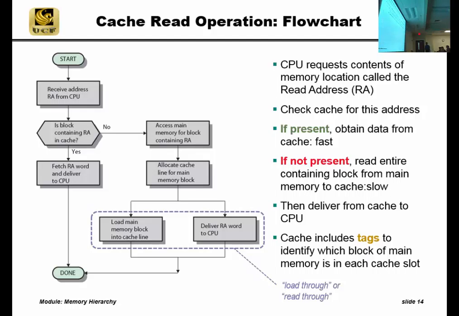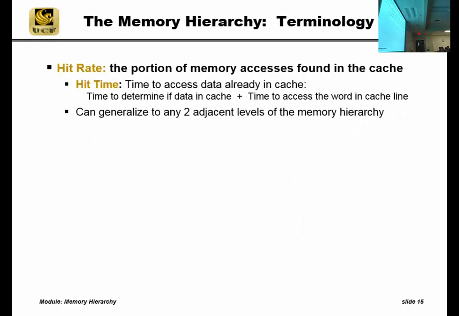Some more terminology. We talked about hit and miss. So let's define those more formally, then we do calculation. The hit rate is the portion of memory accesses that are found in the cache. What percentage of the time you go to the store is your cache lean there? Well, pretty good actually, then it's a good store. You have a high hit rate, right? We can calculate that.